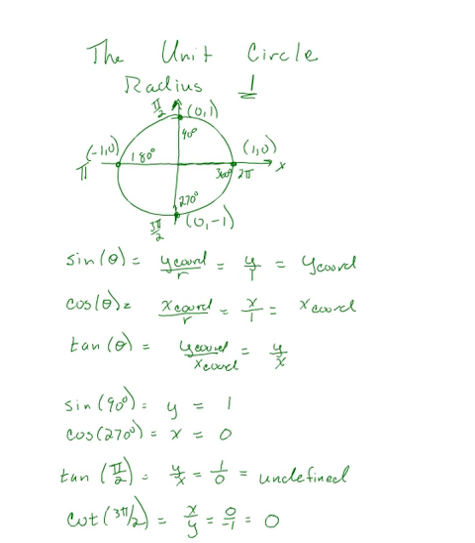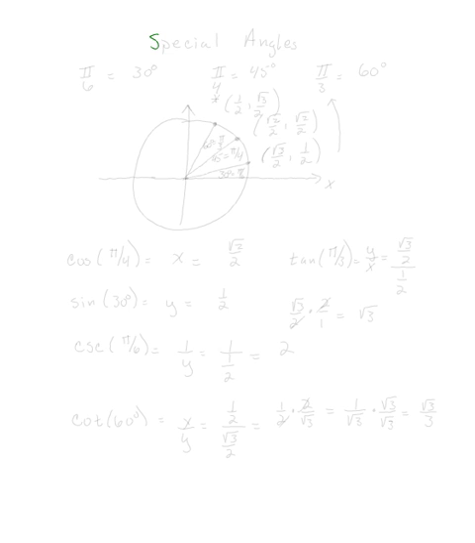Okay, now we're going to focus on the special angles that are in the first quadrant. And as we've seen, if we know what the coordinates are on the unit circle for a given angle, then we can simply write down what the trig functions are because they're all defined in terms of x and y.